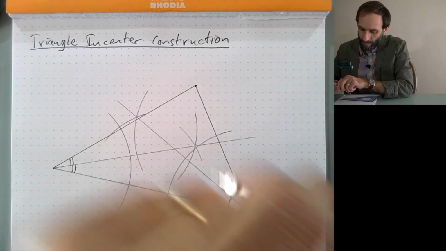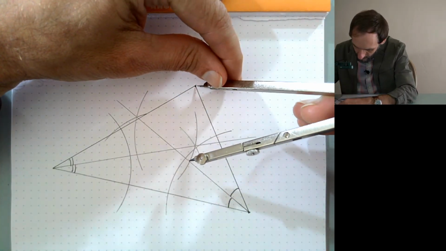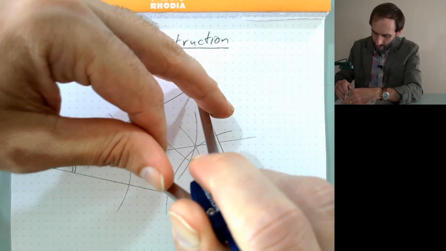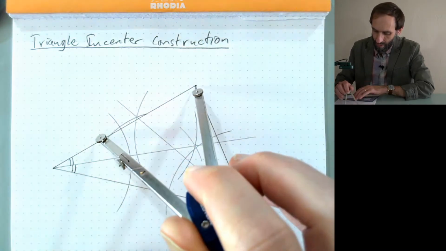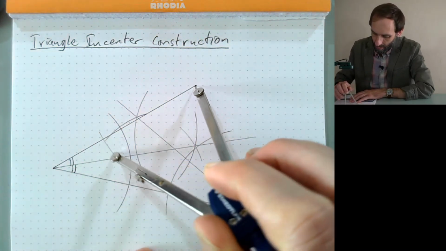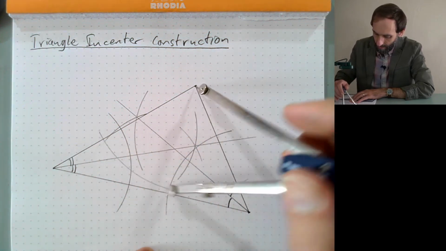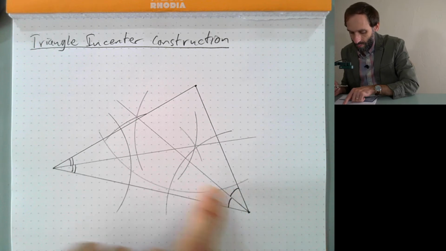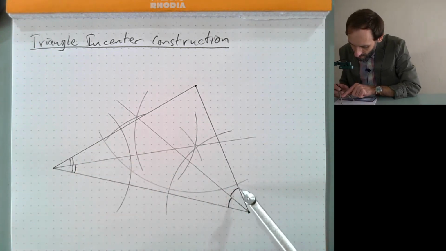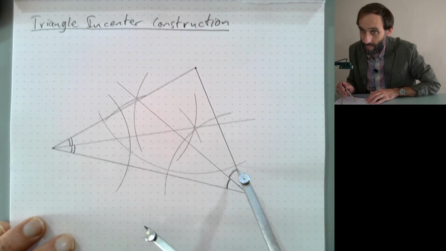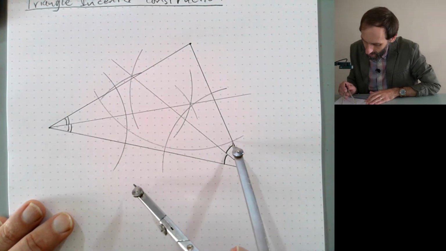And now let's do the third one. So I'll center the compass at this point. And let's see, I'll go ahead and bring the compass out a bit so that my arcs don't get too crowded together, if you will. So I have my 2 points of intersection. I'm going to go ahead and draw, and I might have to move this up a little bit so you can see these points of intersection.